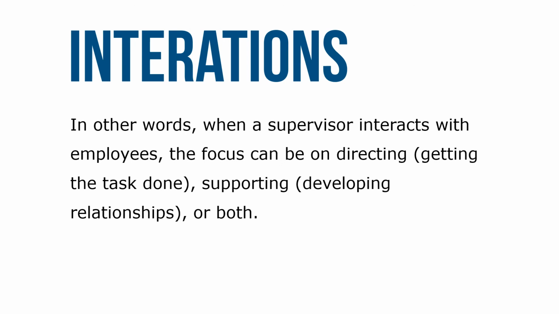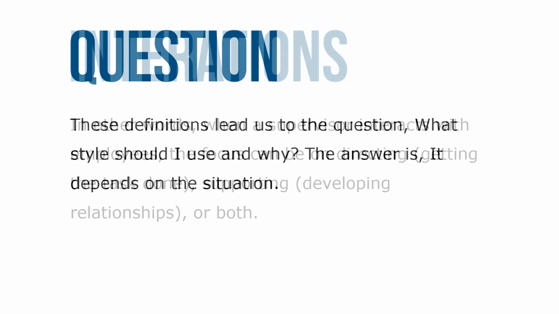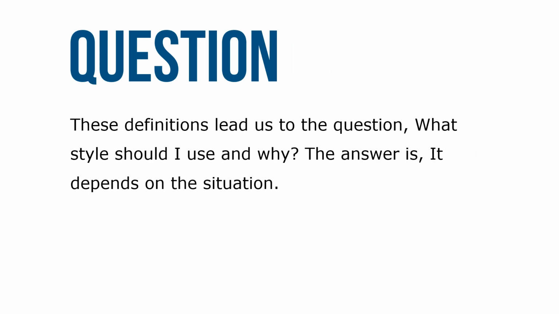In other words, when a supervisor interacts with employees, the focus can be on directing, getting the task done, supporting, developing relationships, or both. These definitions lead us to the question, what style should I use and why? The answer is, it depends on the situation, and the situation is determined by the capability of the employees.